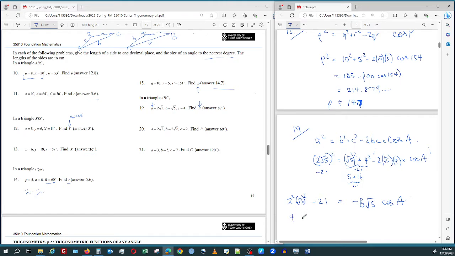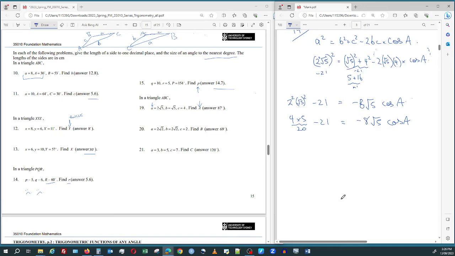That'll be 5, won't it? That's 20. Minus 21. Okay. So cos A, so 20 minus 21 will be minus 1.